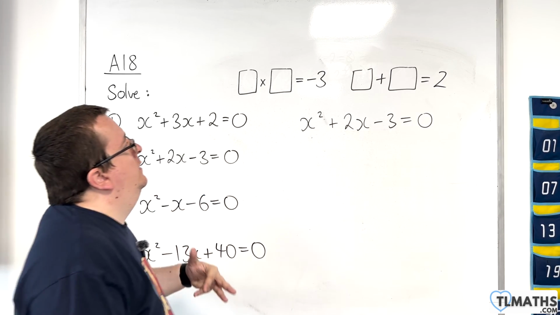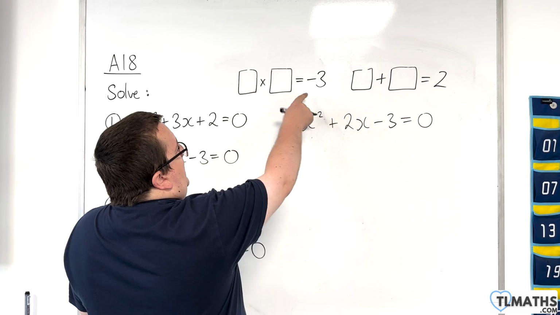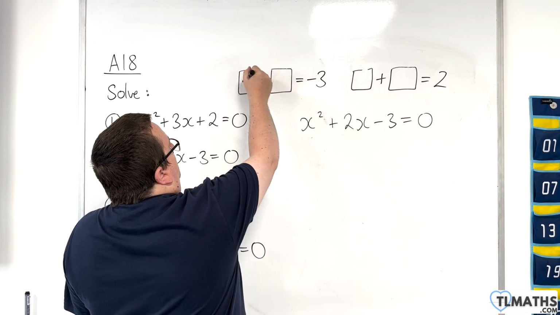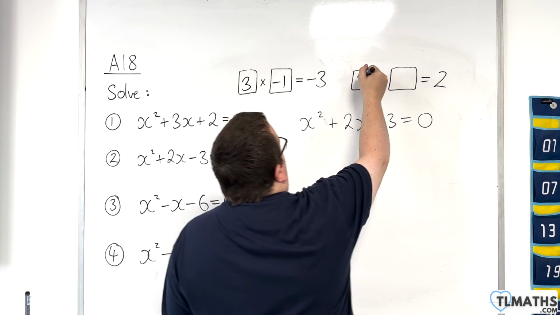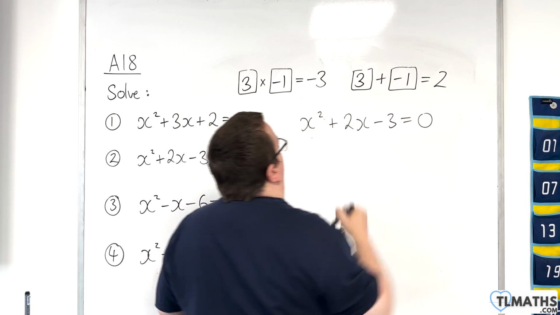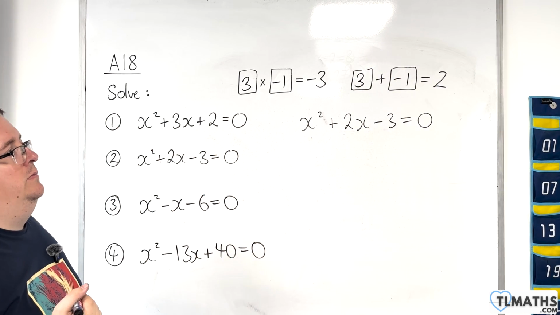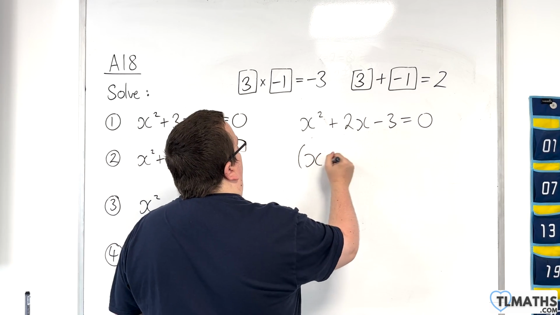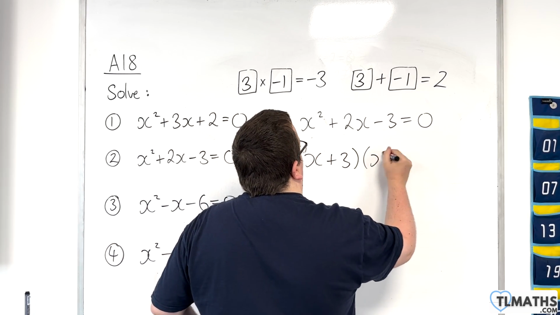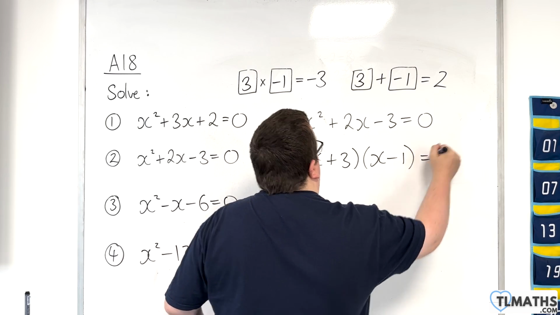Okay? So 3 and minus 1, they multiply together to make minus 3. And if you add 3 and negative 1 together, you get 2. So 3 take away 1 is 2.